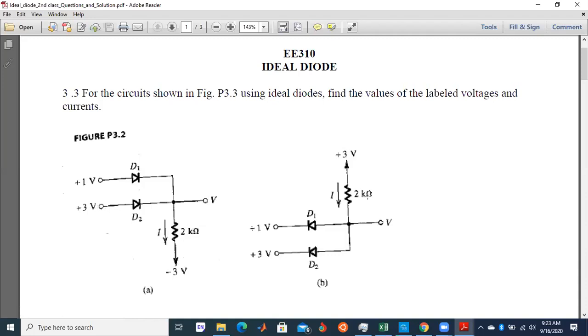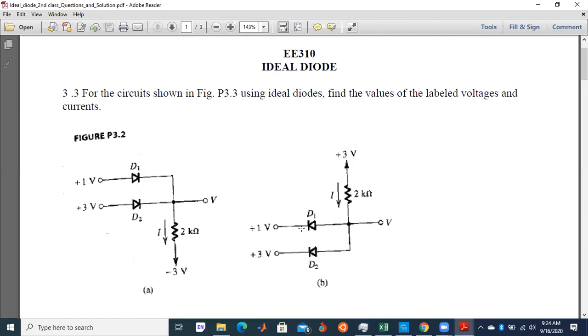Please take note. Like in this case now, the figure B, you can see that the current is flowing from the positive 3 volt supply here, then flows across this circuit like this. It means that the current I will equal to the 3 positive terminal minus 1 volt divided by what? 2 kilo ohm. 3 minus 1 divided by 2 will give us 1 milliamp.